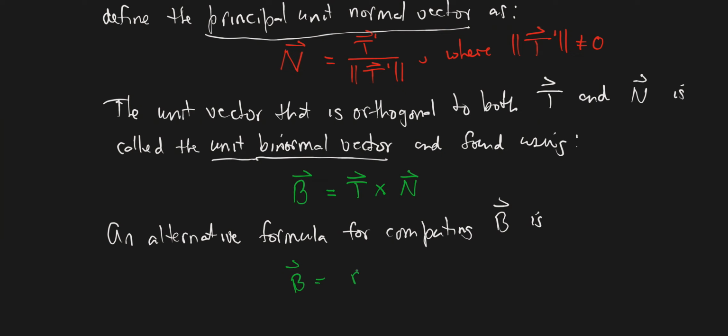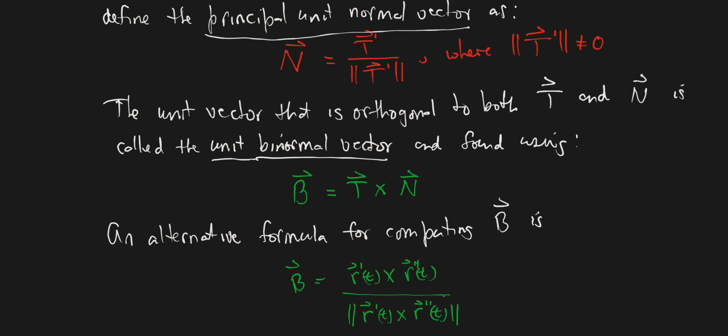And what you do is you take the derivative of your vector function and you take the second derivative of your vector function and you take the cross product. It turns out that's all you need to do to get the orthogonal direction. But then to make sure that it's unit, we have to normalize this. So we divide by the magnitude of r prime of t crossed with r double prime of t, right?